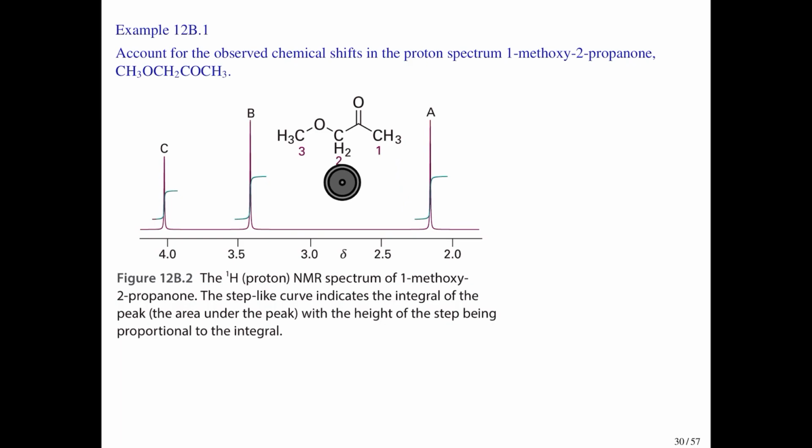The protons here are identical, and then the protons on this methyl group are identical to each other as well. And then the question is where will these different protons appear in the spectrum? What you want to do is ask yourself, which of these protons is closer to an electron withdrawing group? And then you can also ask yourself about the relative intensities of the peaks.